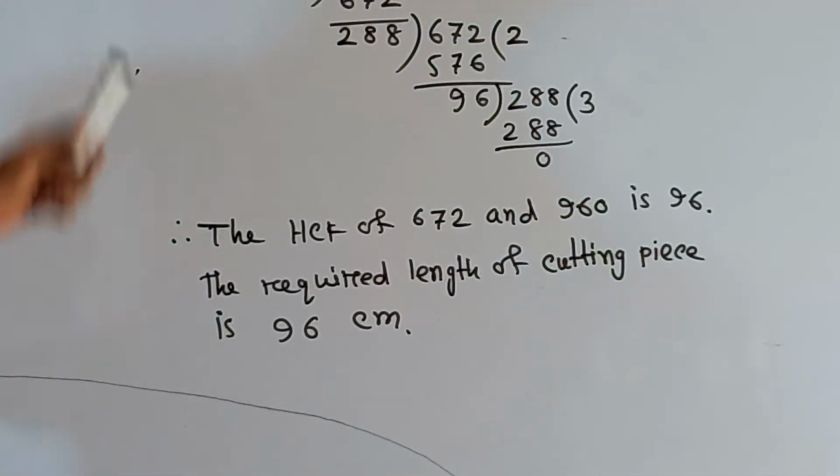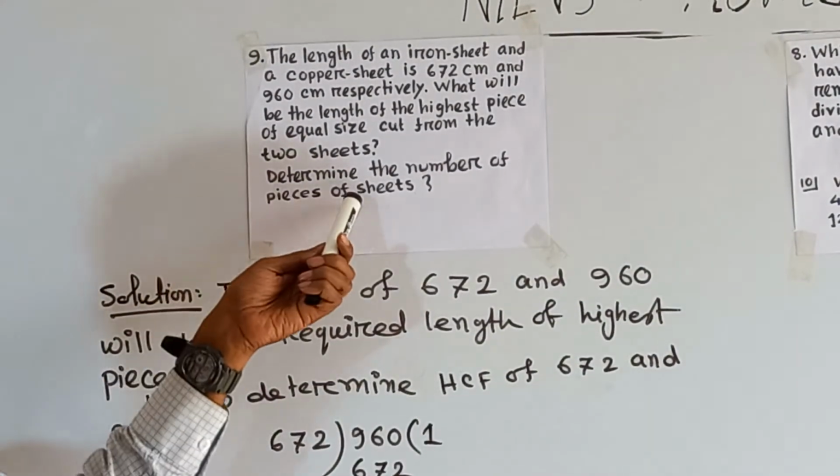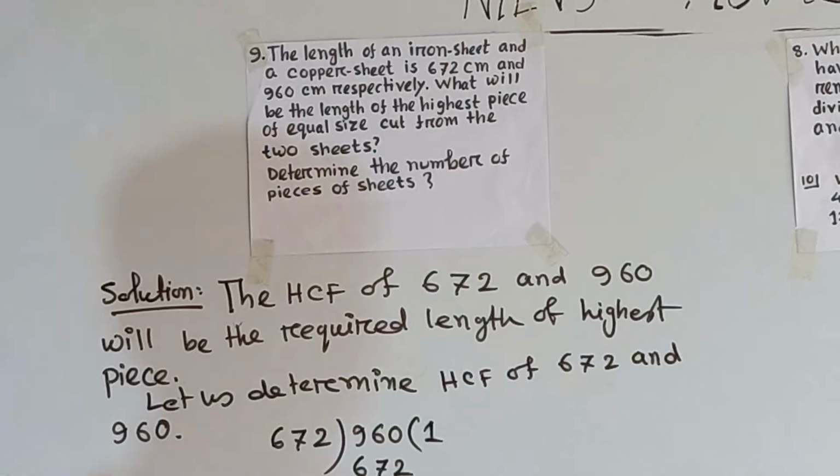Now I will solve the second step of the question: determine the number of pieces of sheets. That means how many iron sheets and how many copper sheets do you need.